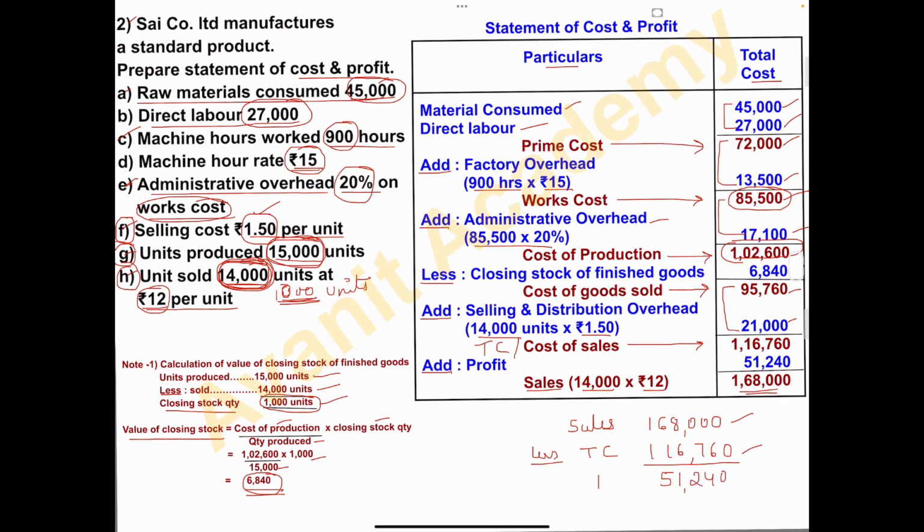This is called profit. The profit is 51,240, a balancing figure. Like this, you have to prepare the cost sheet and find out the profit amount.